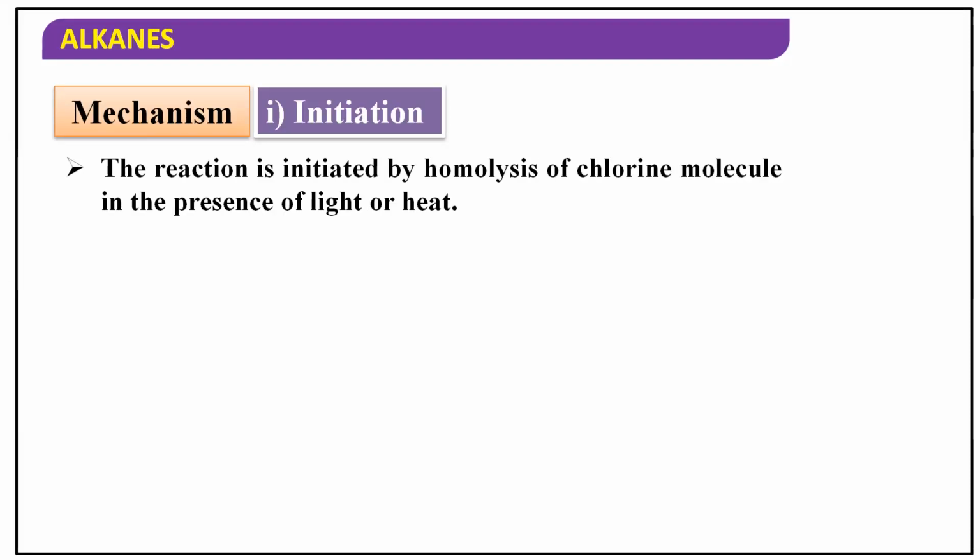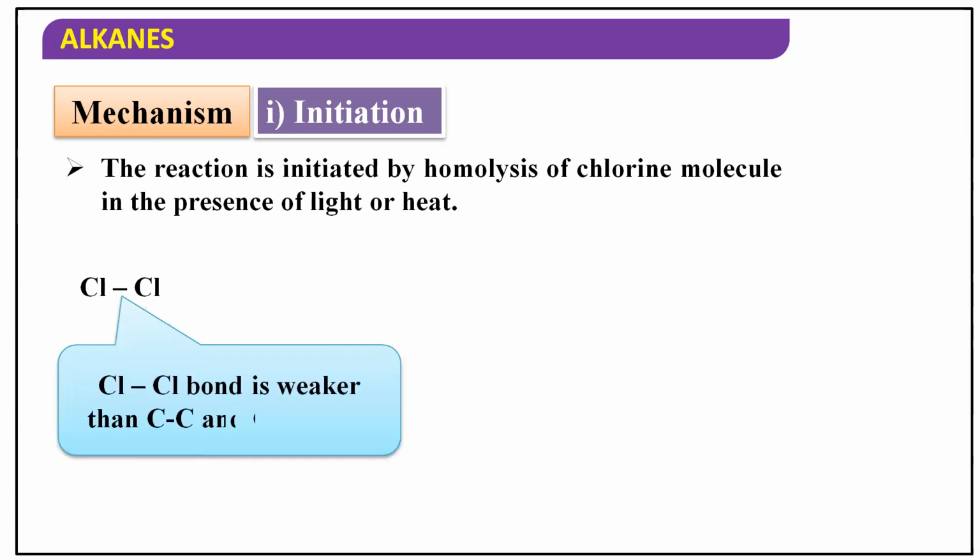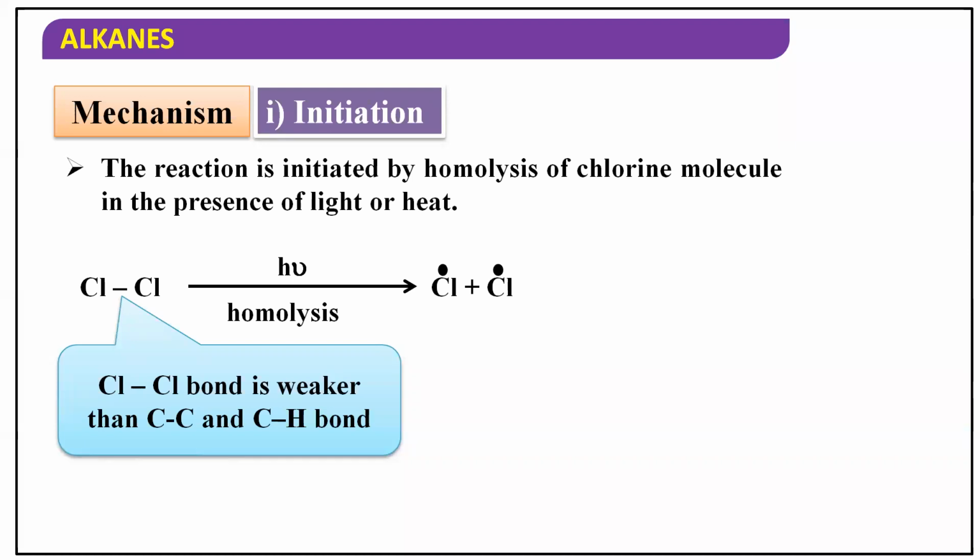Homolysis. If you remember, we discussed homolysis. What is homolysis? The electrons will be distributed equally, right? Free radicals will be formed. Remember, there is no cation, no anion formation here. The Cl-Cl bond is weaker than the C-C and C-H bonds, so the Cl-Cl bond will break and undergo homolysis. Cl, and we'll put one dot like this, a representation of an electron.